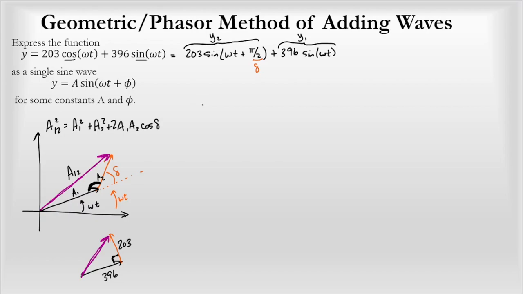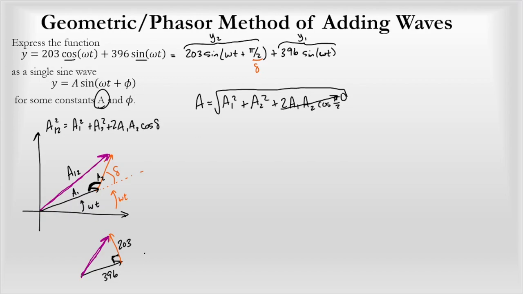So for this problem, I'll just call it A. This is just the A value. I'm going to have A1 squared plus A2 squared plus 2 A1 A2 cosine pi over 2. We like seeing cosine pi over 2 there. If you have the unit circle memorized, you know that's a zero term.